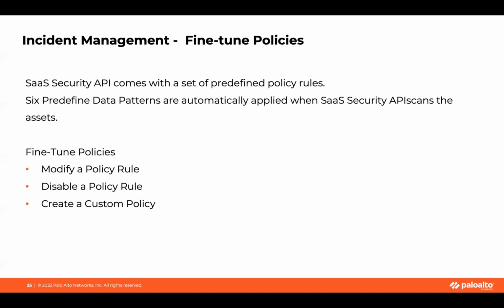You can fine-tune these policies and other predefined ones after enabling them to match your specific needs. You can modify an existing policy, disable one, create a custom policy from scratch, or copy an existing one and make changes.